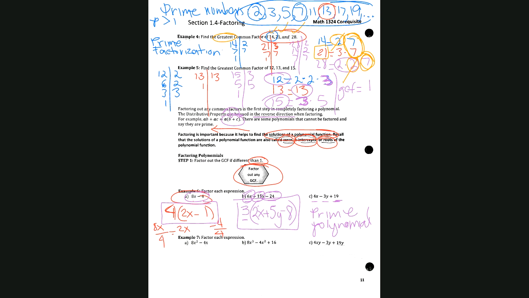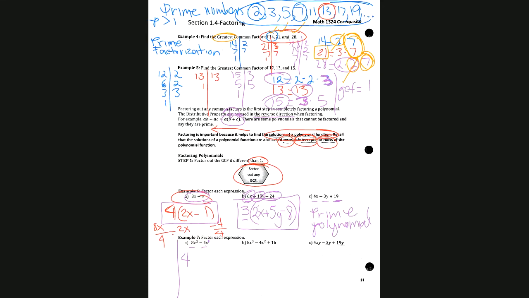Example 7, now we have numbers, but also variables. The key with variables is that you take the variable that they have in common, but with the smallest exponent. So in this case, we know that 8 and 4 can both be divided by 4, so we will factor 4 out.